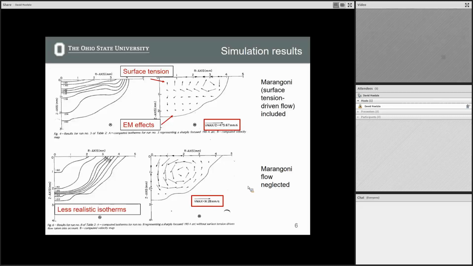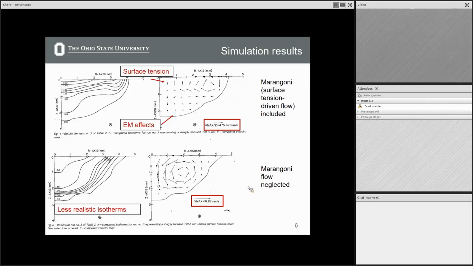And what they say here is that the flow up here is due to the Marangoni effect, and the flow down here is due to electromagnetism. They demonstrate what happens when you take Marangoni convection as a boundary condition and you actually drop this effect, so you get zero electromagnetism.